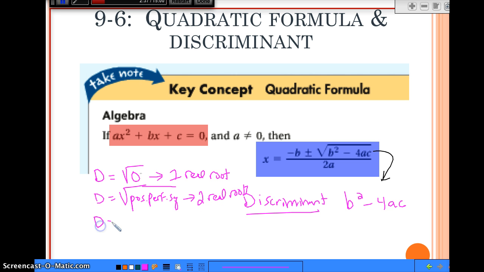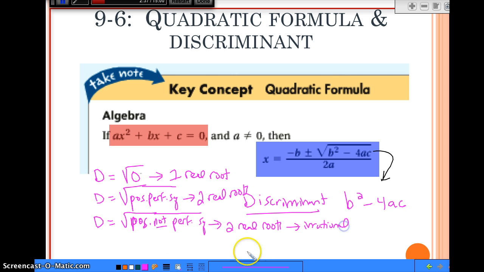If the discriminant comes out to a positive non-perfect square, like square root of 15, you're going to end up with 2 real roots, but they're going to be irrational. In other words, a decimal that goes on to infinity with no repetition.